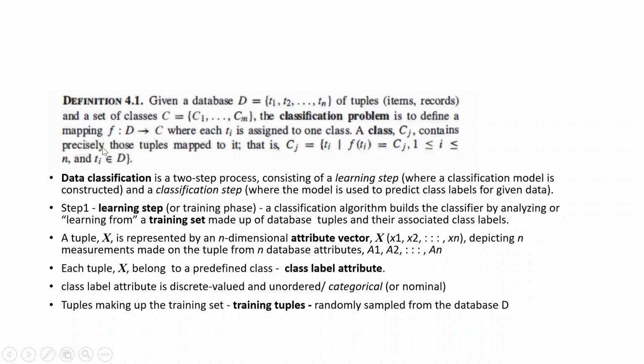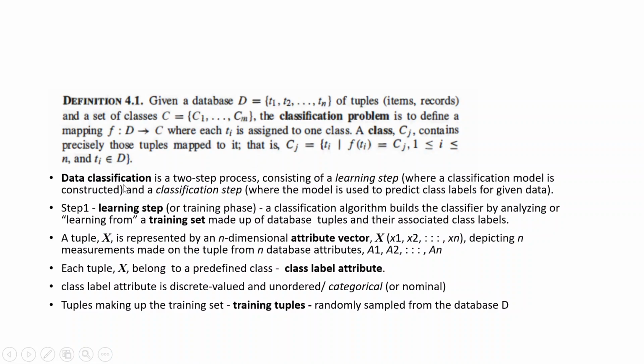You have a mapping function f from the data set D to the classes, so each item Ti has to be mapped to the class to which it belongs. Classes vary from C1 to Cm, and each class Cj contains precisely the tuples that are mapped to it. So a class Cj is the set of all tuples Ti such that when you apply the function f on Ti, you get the class Cj. This is the formal definition of classification.